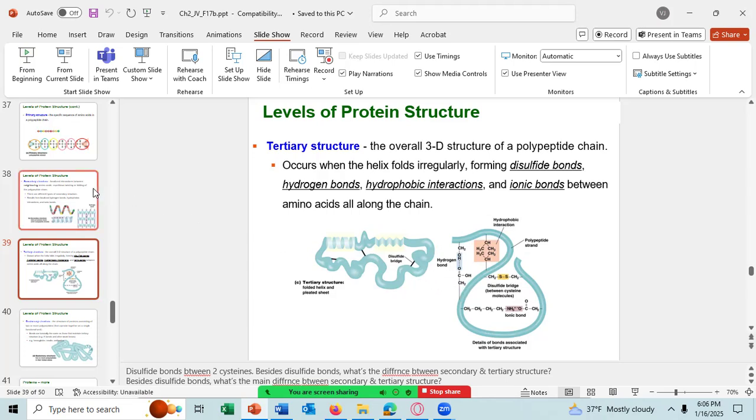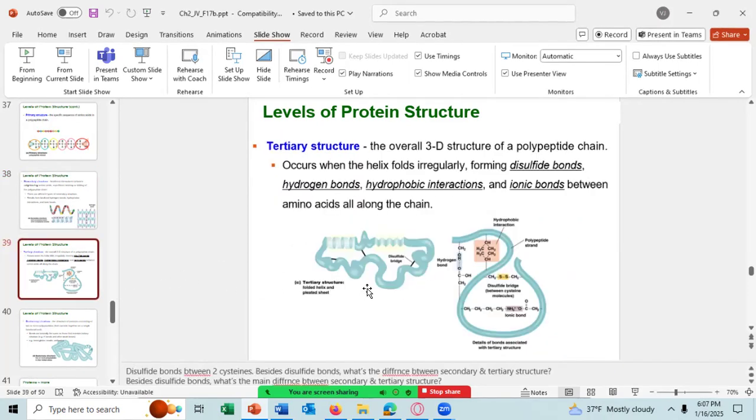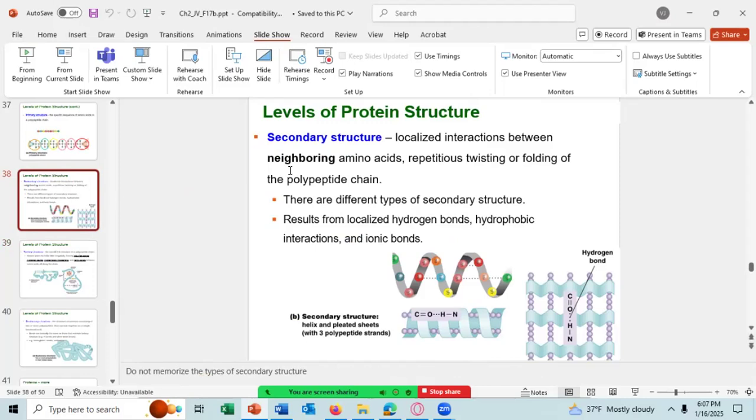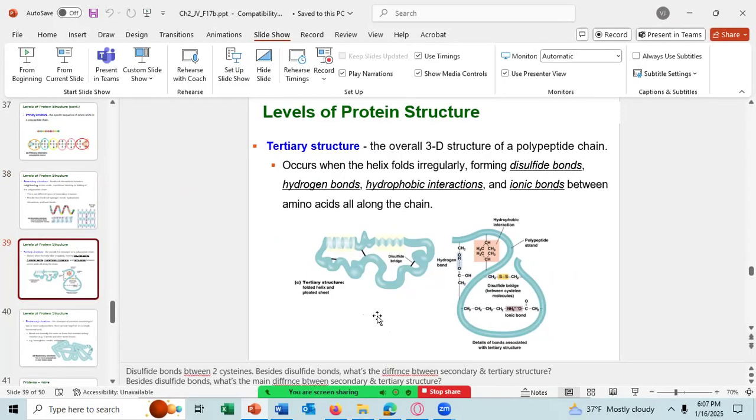And remember, in the secondary structure, you can only have amino acids nearby each other, interacting with each other. All of the forces of attraction and repulsion in the 3D structure are the same as seen in the secondary structure, with one difference, and that is the disulfide bonds that can form between two cysteine amino acids. Any question about any of that?